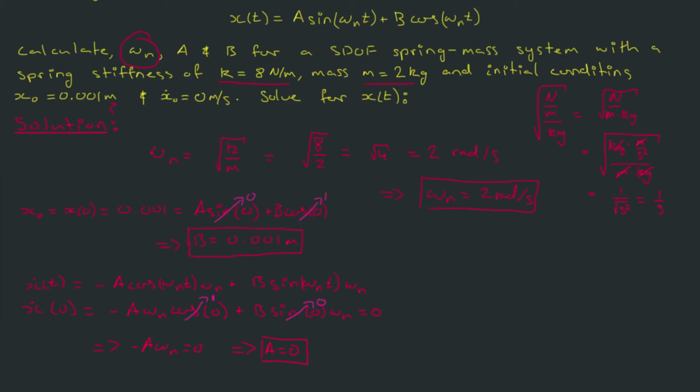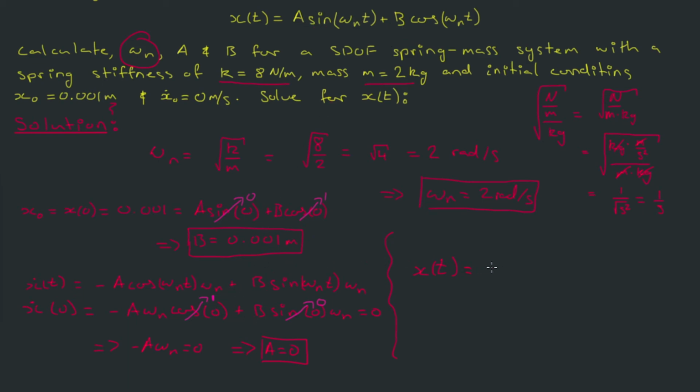So now we can substitute everything back into our general solution, our constants A, B, and omega n, and find the final solution for the system. So the displacement at any time t for this system is equal to, our A term is 0, so we'll ignore that.